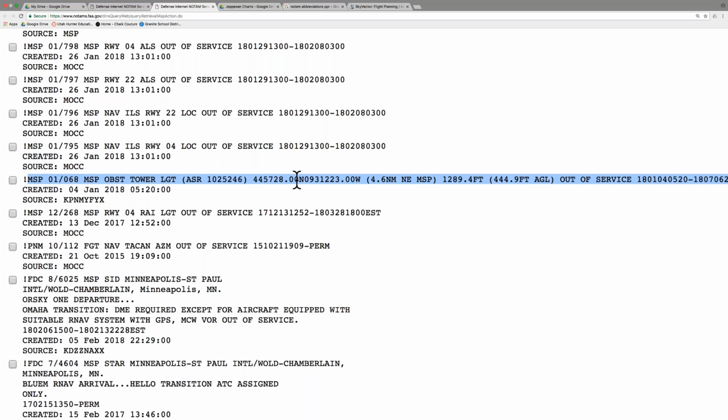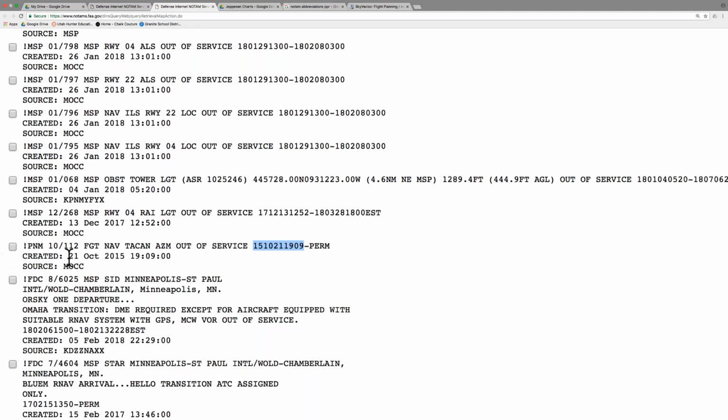Hey, Garrett. Yeah. That one that's terminal, that's just out permanently, are they going to create a notice for that every month then? Yeah, so you'll see that one. You're talking about this one? Yes. So yeah, this one was created the 21st of October 2015. You can see that same information there.